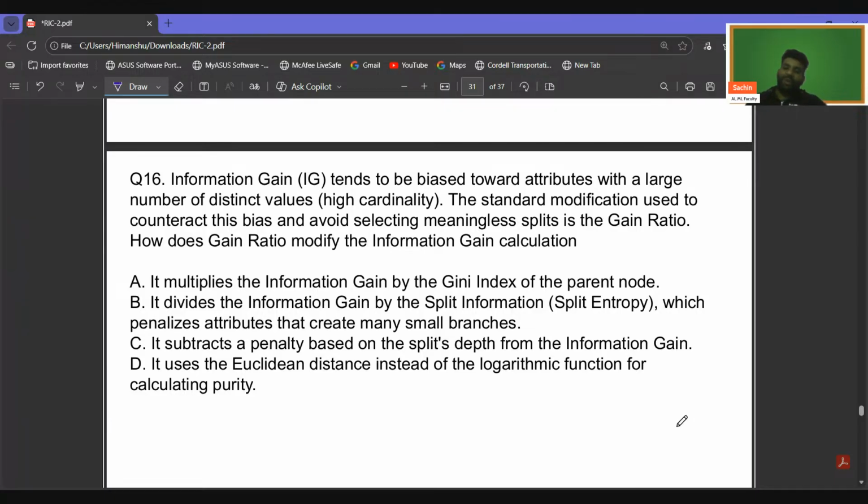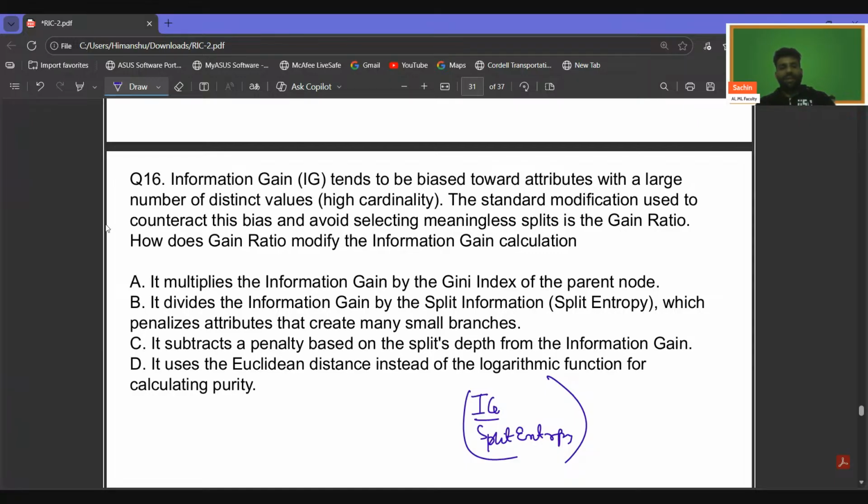For this one, we generally divide information gain by the split entropy. And that balances out the cardinality issue. The moment we balance it, it is not really that biased, which it initially was when we were using only information gain.